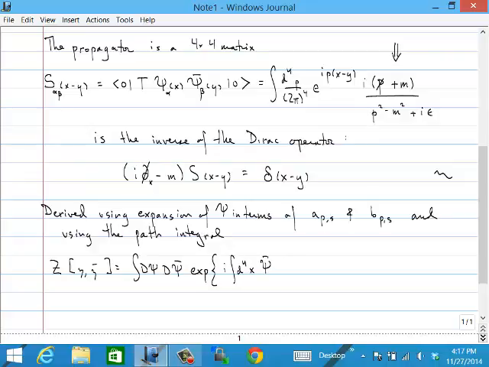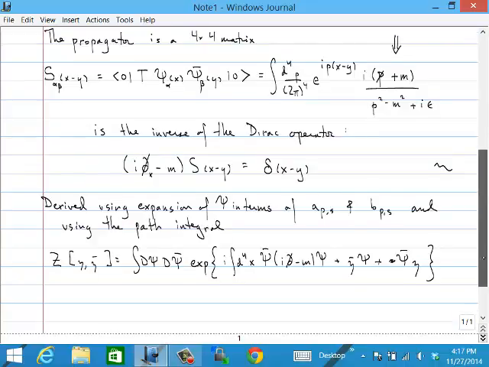So here I'm writing down the expression for the action, and I'm including these two terms that couple psi and psi bar to eta bar and eta respectively.